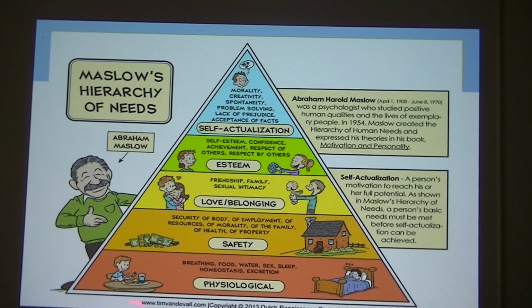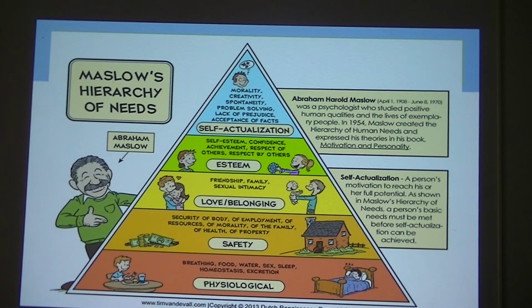On Maslow, so the bottom level here is your basic needs. Your airway, breathing, circulation, everything that you must have to survive. Food, water, those type of things. After you've met all your basic needs, then you can move up to safety. And here, safety is, do you feel safe at home?